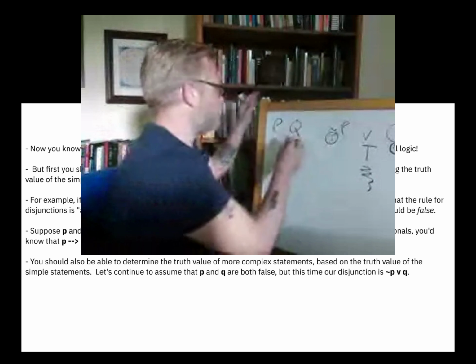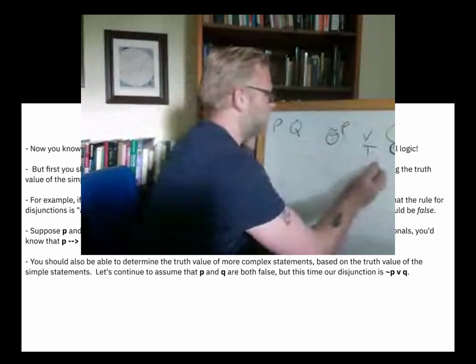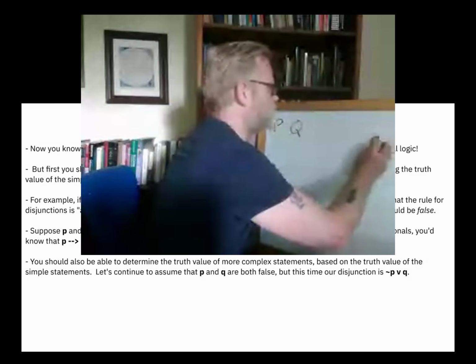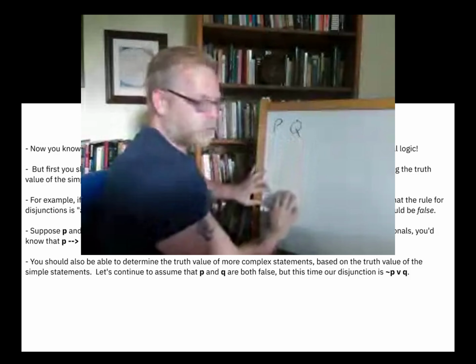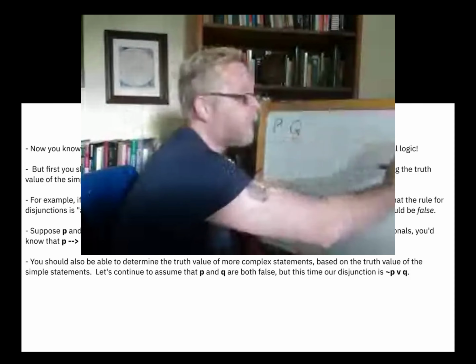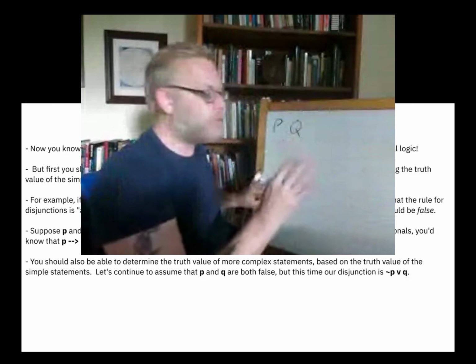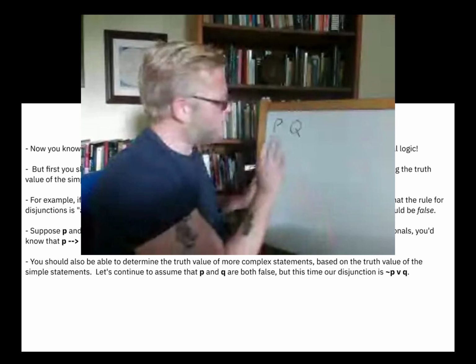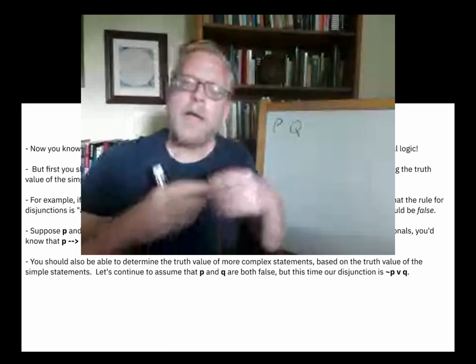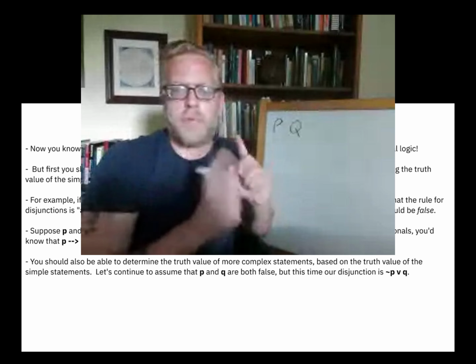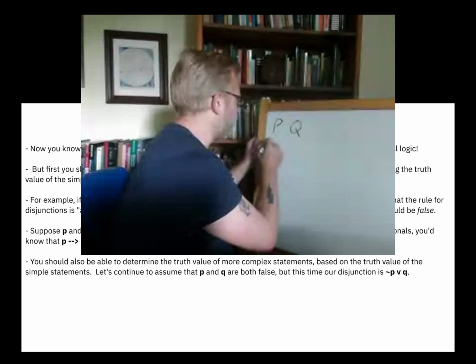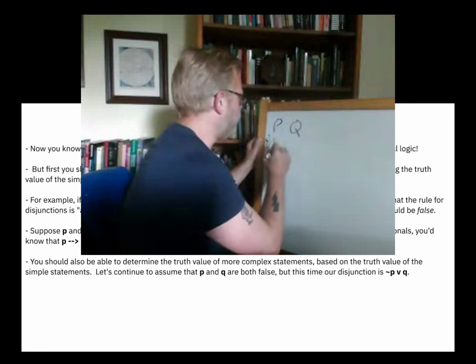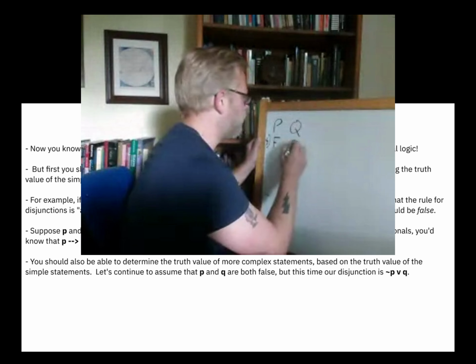So we can say, okay, the whole thing is true. Let me do this a different way, just to make this clear. Again, I showed you that we could set up the whole truth table if we wanted to. We could fill it all out if we needed to. We'll do that later for the arguments. But in this case, I said, let's imagine we're in the world where P and Q are both false. We're in that fourth world, so we're in world 4, where P is false and Q is false.